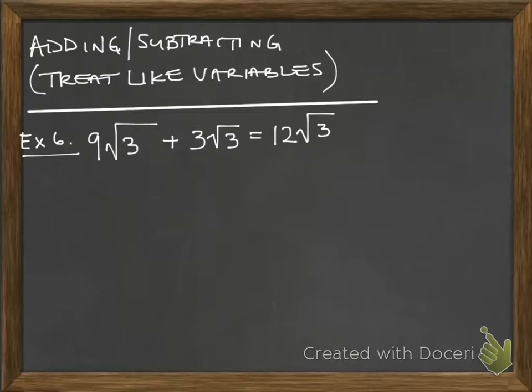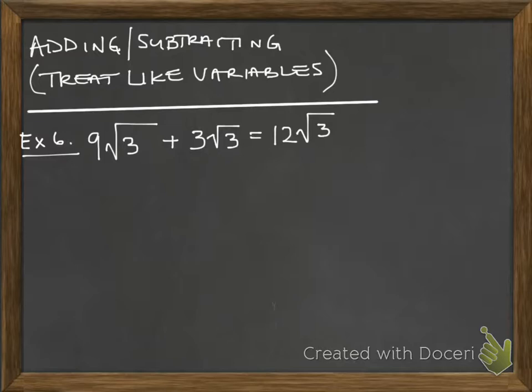Because remember, if I treated it like a variable and it was 9x plus 3x, what would my answer be? 12x. So essentially the variable doesn't change. Same thing here. The square root did not change. Does everybody understand that?